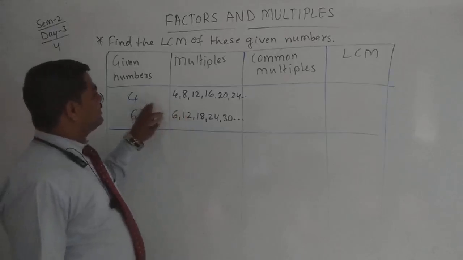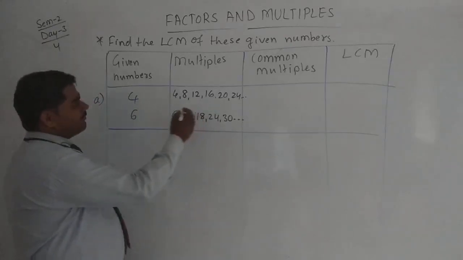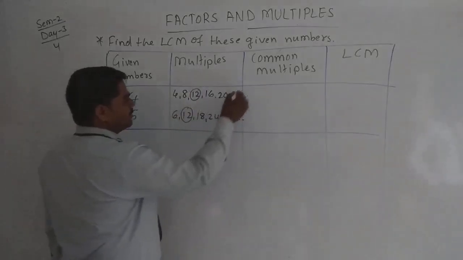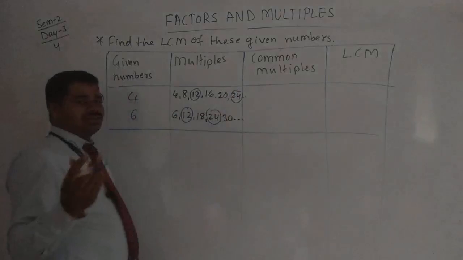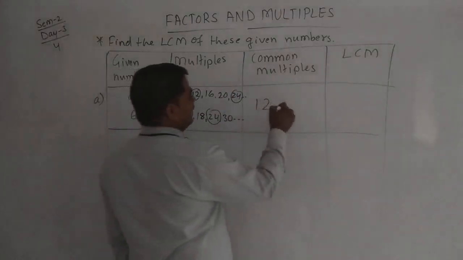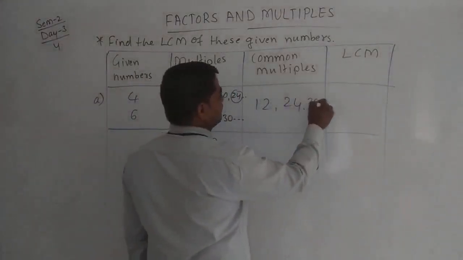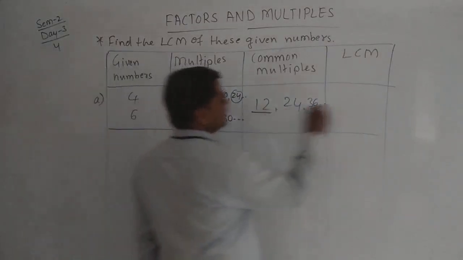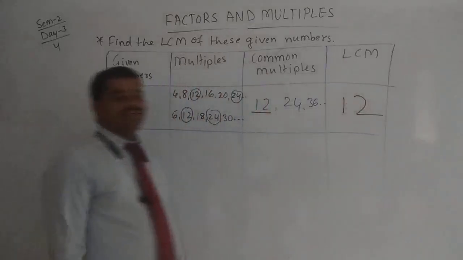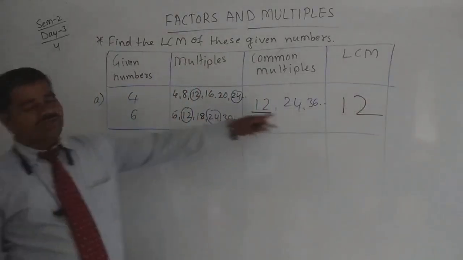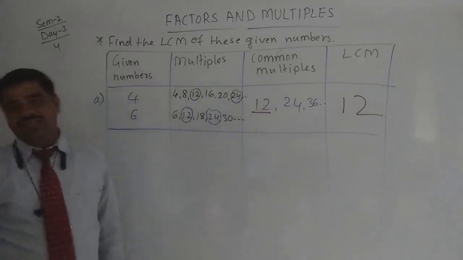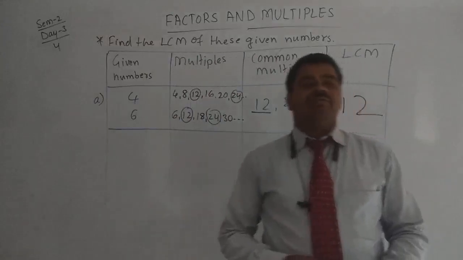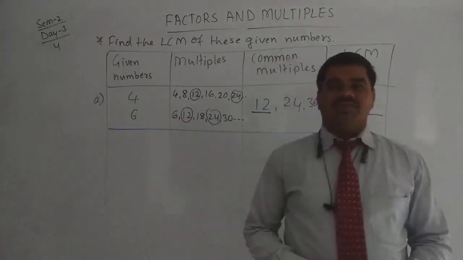The common multiples are 12, 24, 36 like this. Among these, which is the smallest one? 12 is the smallest multiple. Then the LCM is 12. Like this, if 3 numbers are also there, you can solve those given in your textbook. You have to solve those, and the remaining problems we will see in the next class. Okay, thank you.